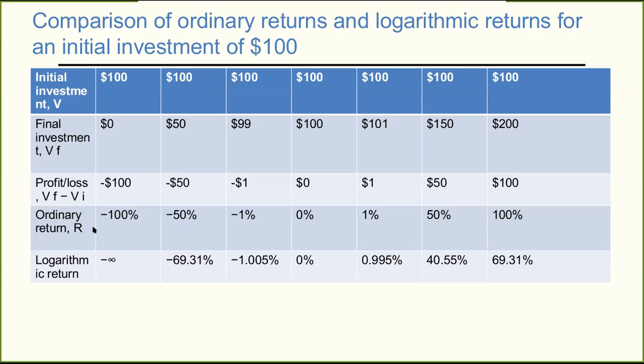Ordinary return is a proportion between profit or loss and initial investment, expressed in percent. So minus 100 divided by 100 is minus 1, in percent minus 100%.